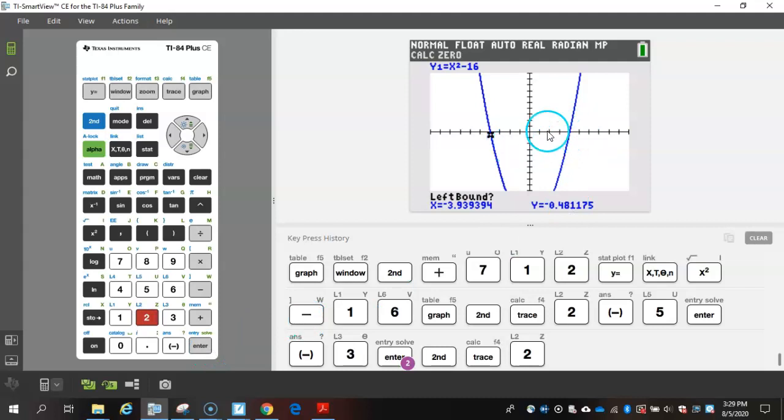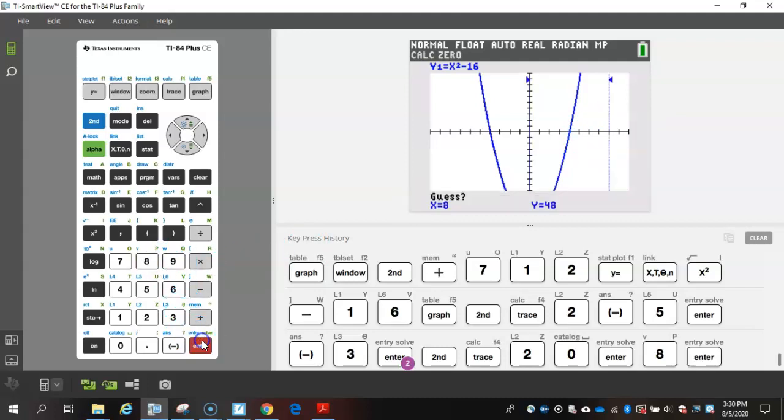So I can choose any number inside here that does not go past this line. So I'm going to say 0. Now, of course, you could have chosen 3 or something closer, and that's fine. And then for my right bound, I'm going to go all the way out here and say 8.